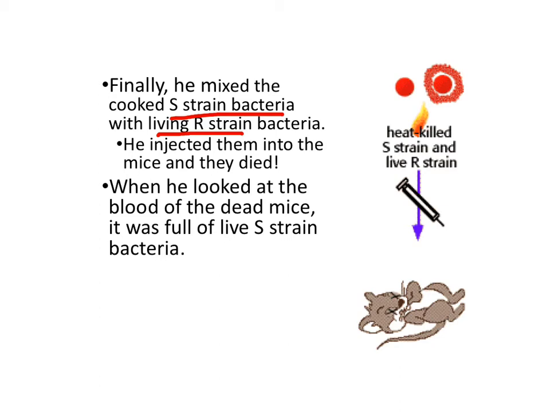They were non-pathogenic, but when he injected those into the mice, they died, and this was a surprise to him. After the mice died, he took their blood and looked at it under the microscope, and he saw live S strain bacteria. So somehow, the R strain bacteria were being converted into S strain bacteria. The living R's had become S's somehow.